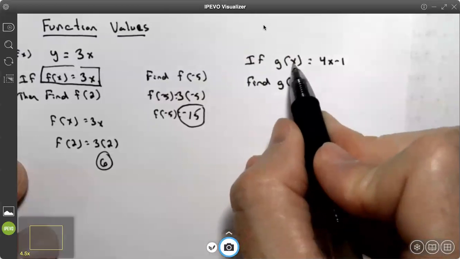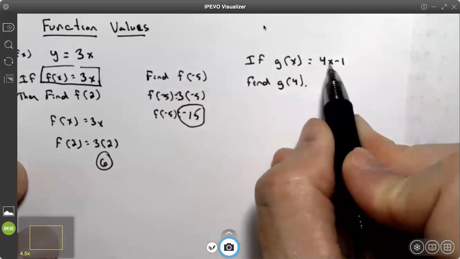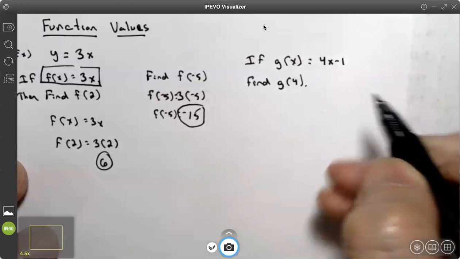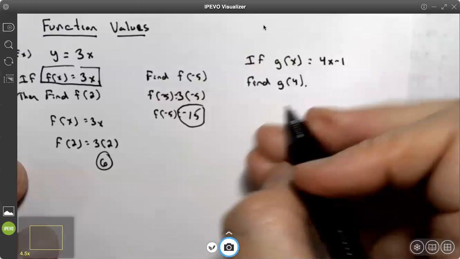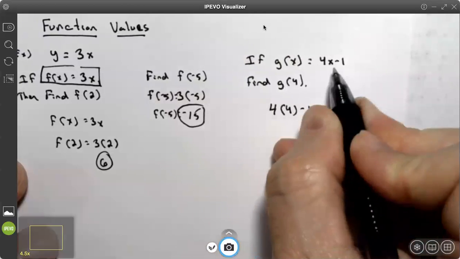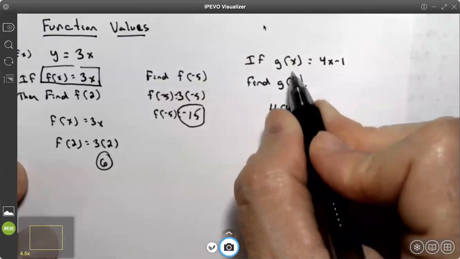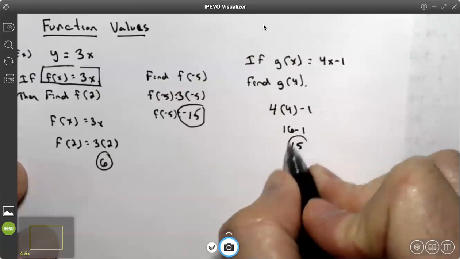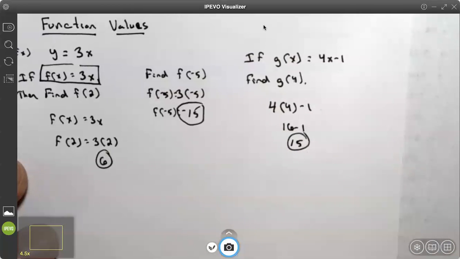Okay, so I'm going to replace this x with a 4. It really doesn't matter that I replace this one. I just need to do this one. So that's going to be 4 times 4 minus 1. 16 minus 1. My answer is 15.